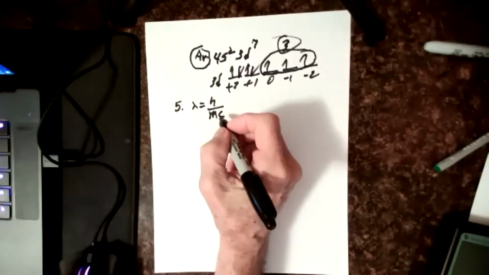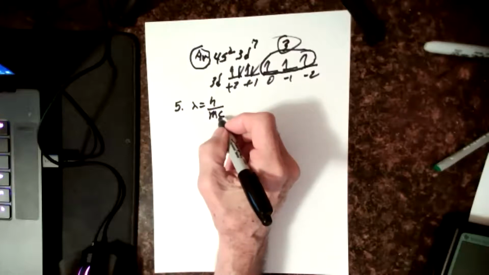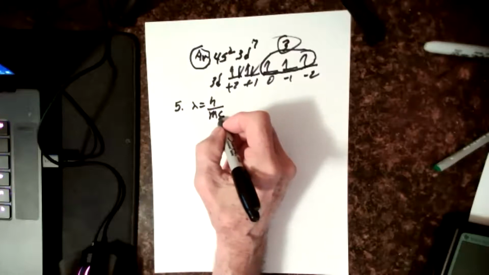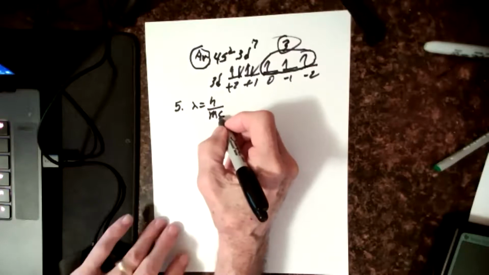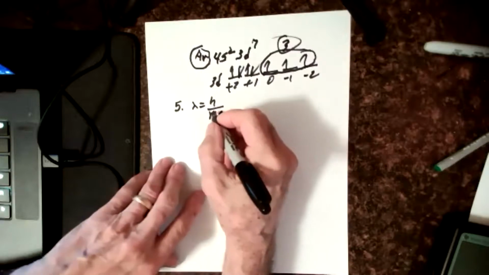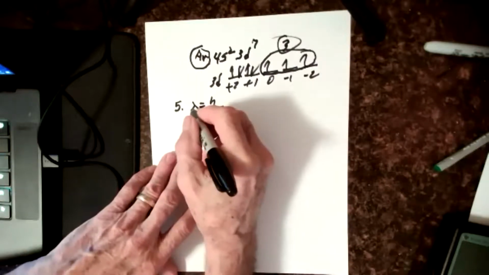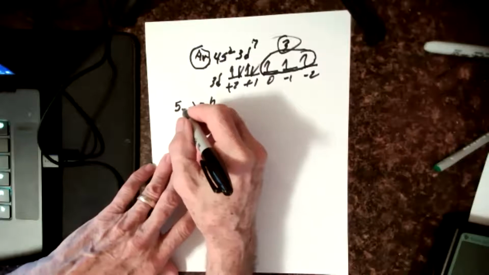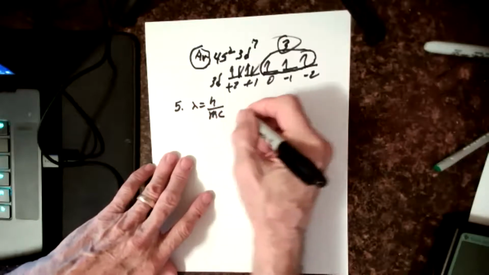Now, if this problem had been about electrons or some other particle, then it wouldn't be c, it would be the velocity of that particle. So now, the wavelength we're given, we can calculate the mass.